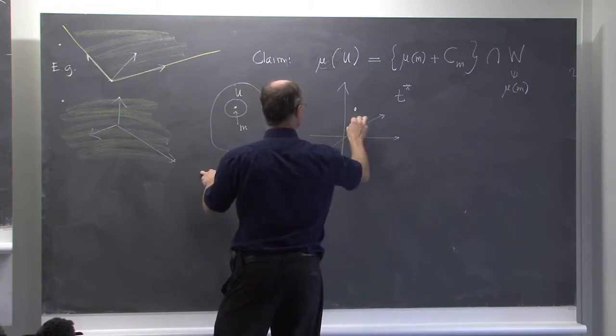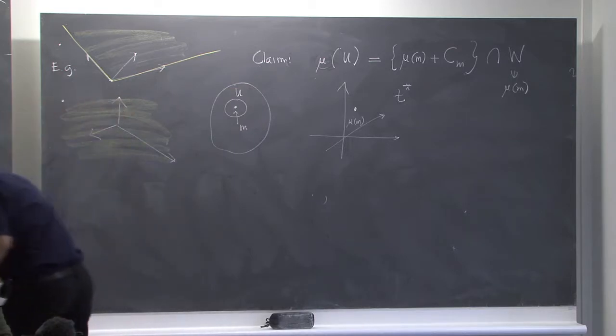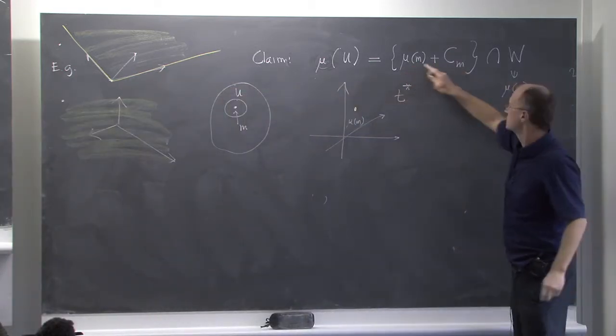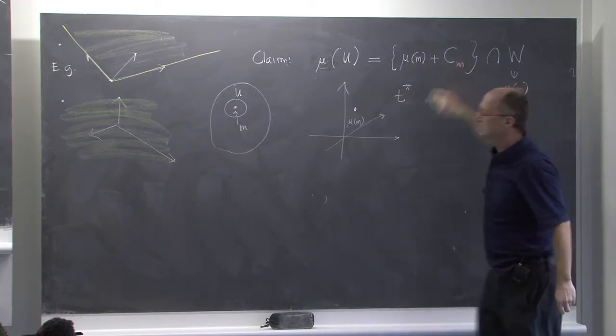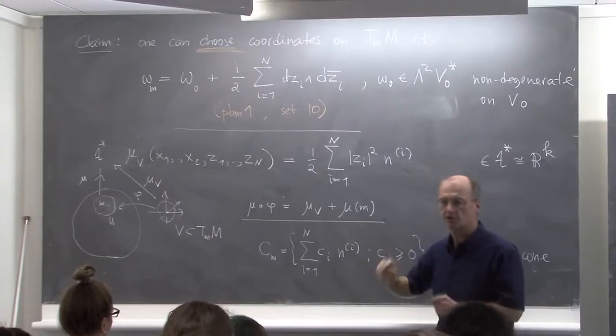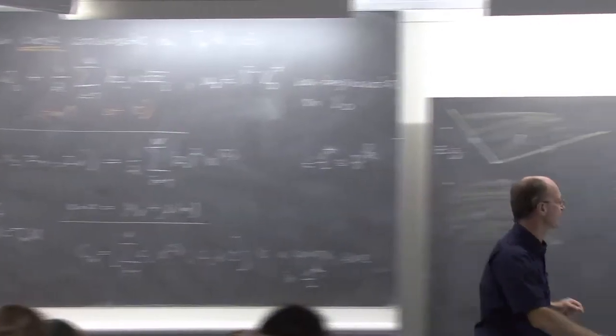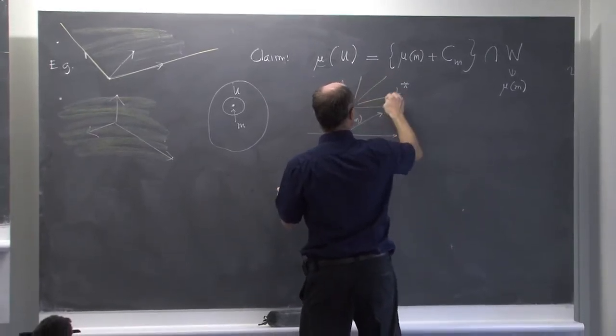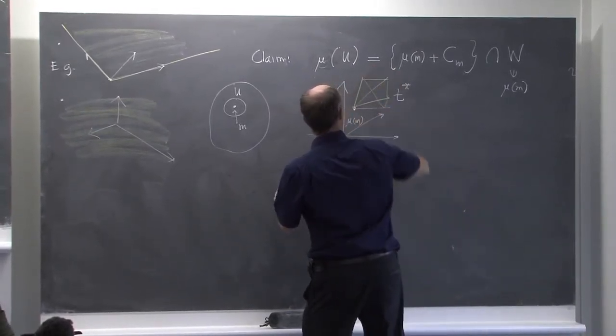So that's mu of M. And what does it mean, mu of M plus C_M? I just translate the cone C_M, which starts at the origin, to the point mu of M. Right? So here is sitting my polyhedral convex cone.